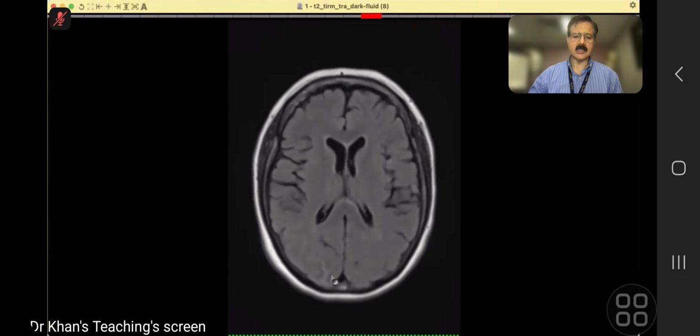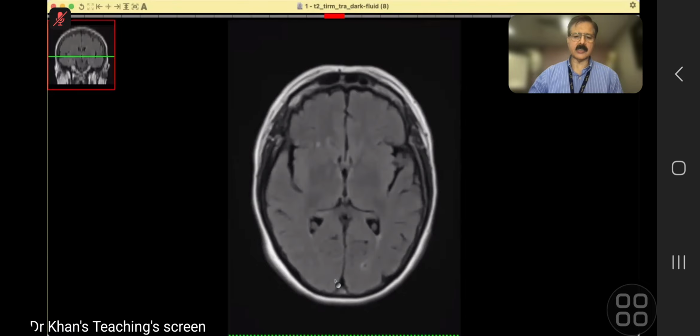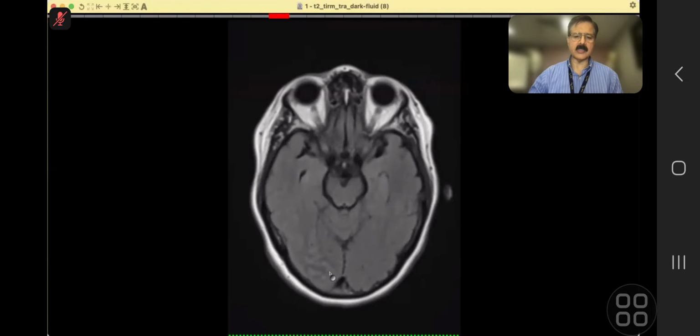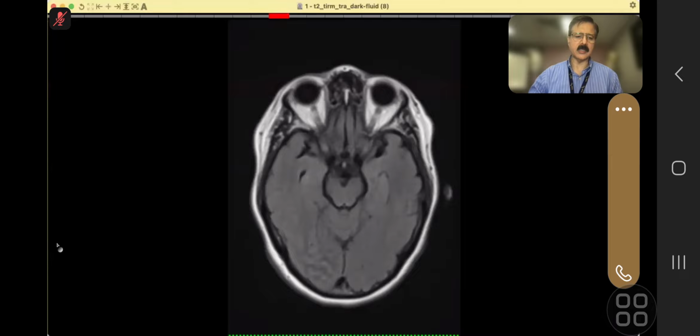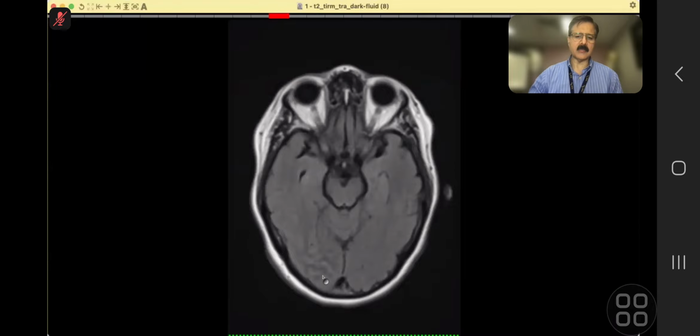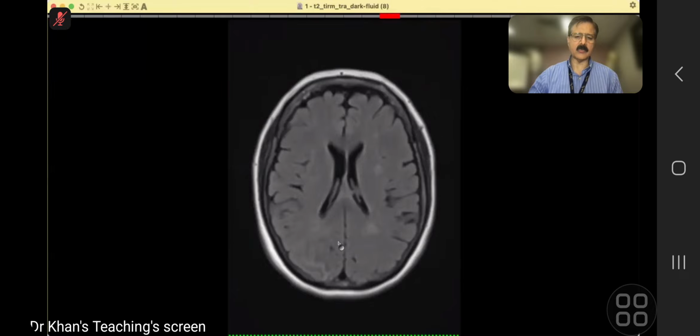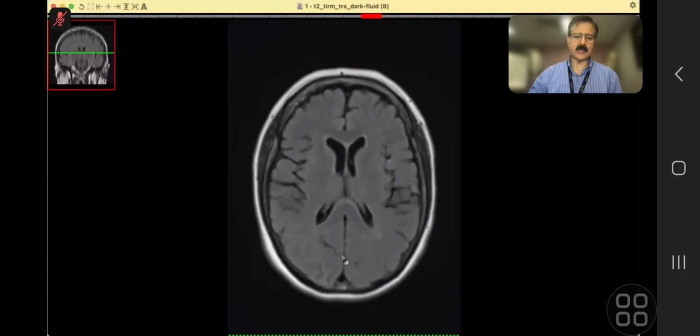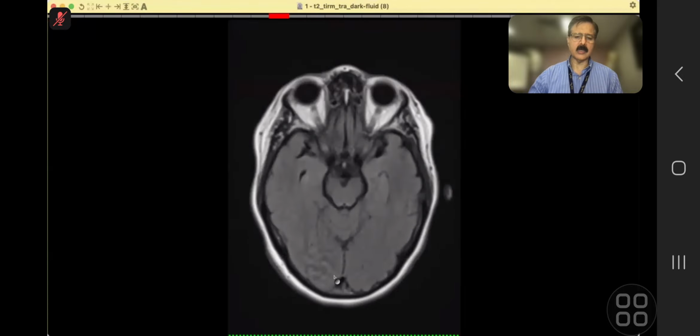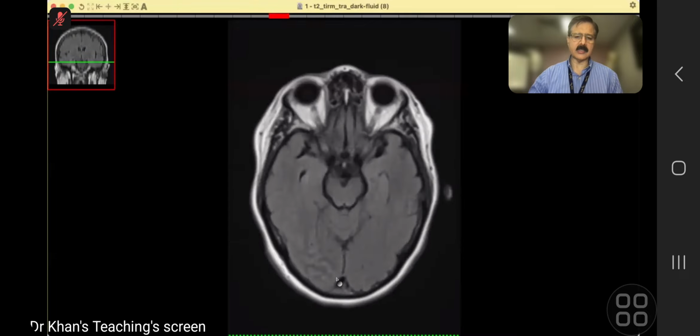So in this axial T2, you can see in the occipital region, similar high signal intensity foci. Just a recap: here we are at the level of the body of the ventricle. We have gone down, and here is the occipital lobe, and there is abnormal signal.